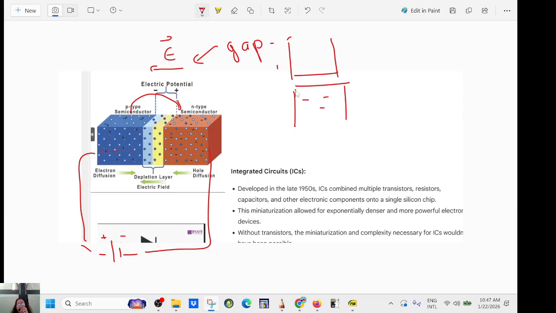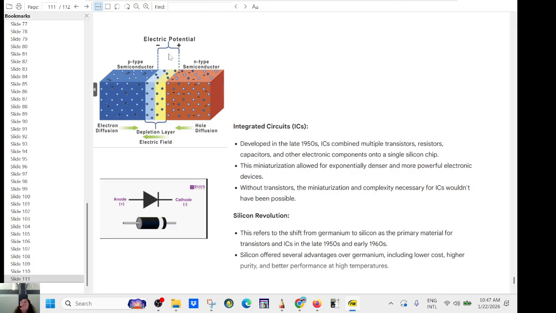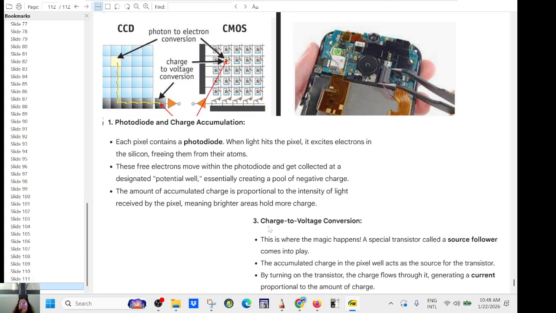You need to help them jump the gap, and then they are happy. That way you can control the current. So anyway, when you take electrical engineering and you study transistors, MOSFET or whatever it's called, it's all about the electric field. You have to know about electric field, and you have a lot of applications.